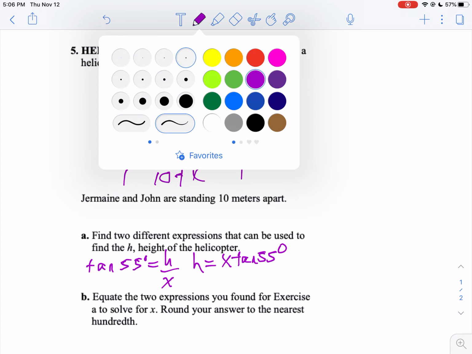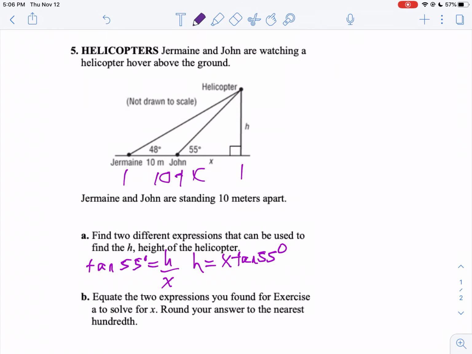So now we can use our tangent function again. This time we're going to say the tangent of 48 degrees equals h, the opposite, over 10 plus x. Or if we want to rewrite that, just solve for h, multiply both sides by 10 plus x. So we have h equals the tangent of 48 degrees times 10 plus x.